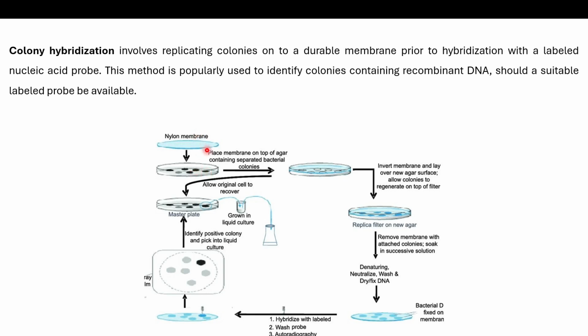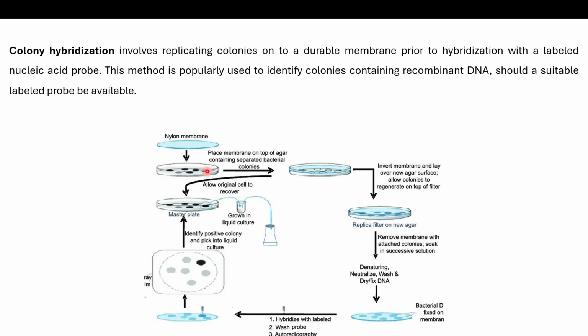Now, this is a nylon membrane. This has bacterial colonies here on the agar medium. The nylon membrane is placed on it, so the colonies are exactly transferred onto the nylon membrane. This is the source plate, and all the colonies which have taken up the recombinant DNA are growing on the nutrient medium.